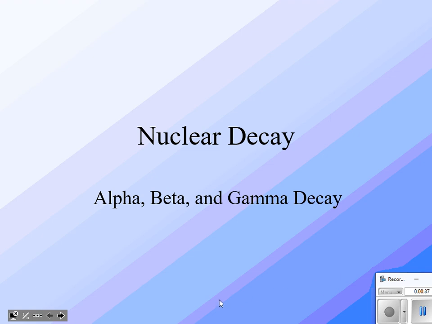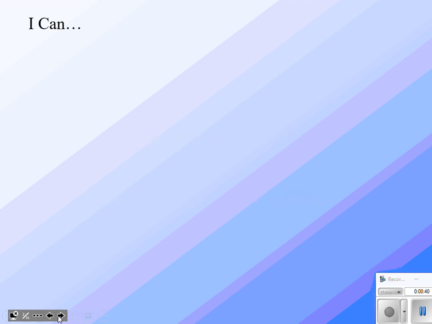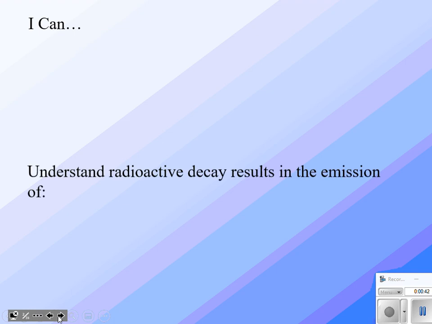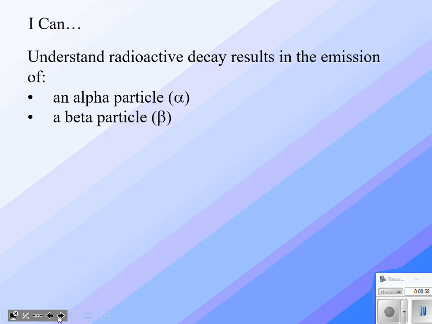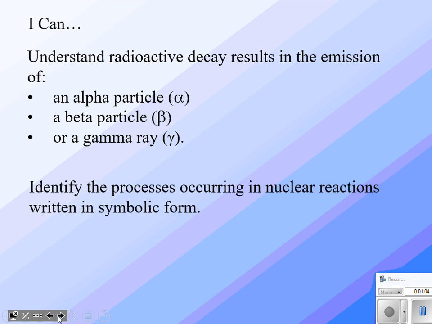Basically, when we look at some I Cans for nuclear decay, I can understand radioactive decay results in the emission of an alpha particle, a beta particle, or a gamma ray. I can identify the process that is occurring in the nuclear reactions that are written in a symbolic form.